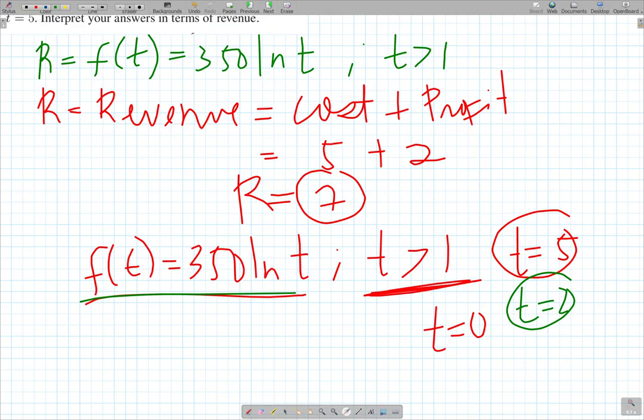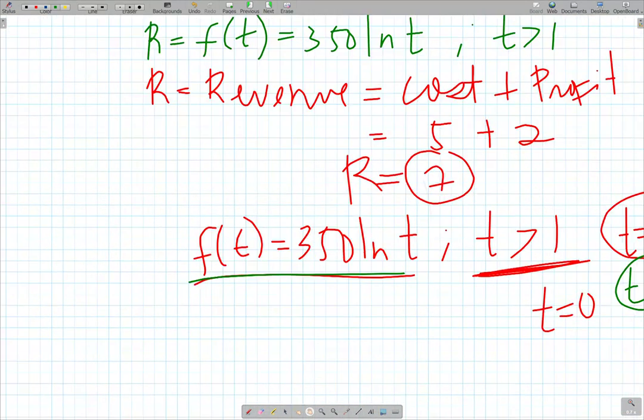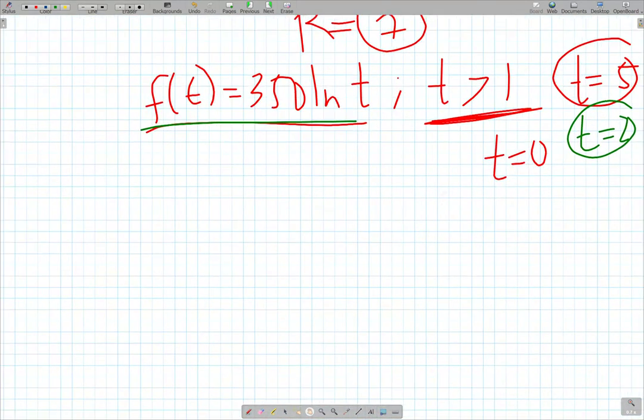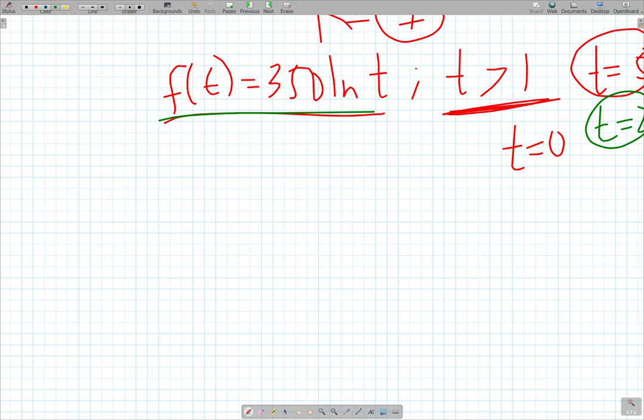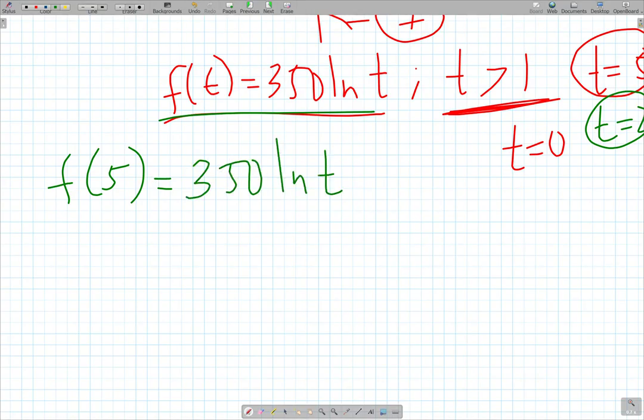Okay? So, we are looking, class, for the F of 5. So, we can use this equation, right? Because for F of 5, your T is equal to 5. Therefore, we can use this equation, 350 ln of T. So, just substitute it: 350 ln of 5. How much?